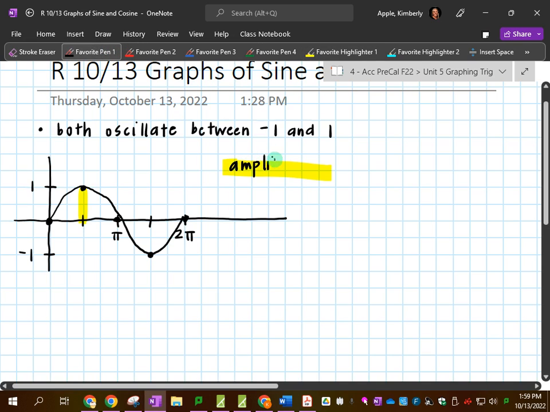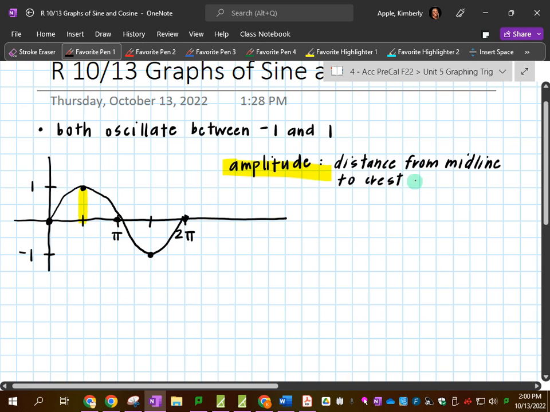Amplitude is basically the distance from the midline to the crest or the trough. From this midline right here, either up here, and notice it's the same thing down this way. It doesn't really matter which one you're doing.